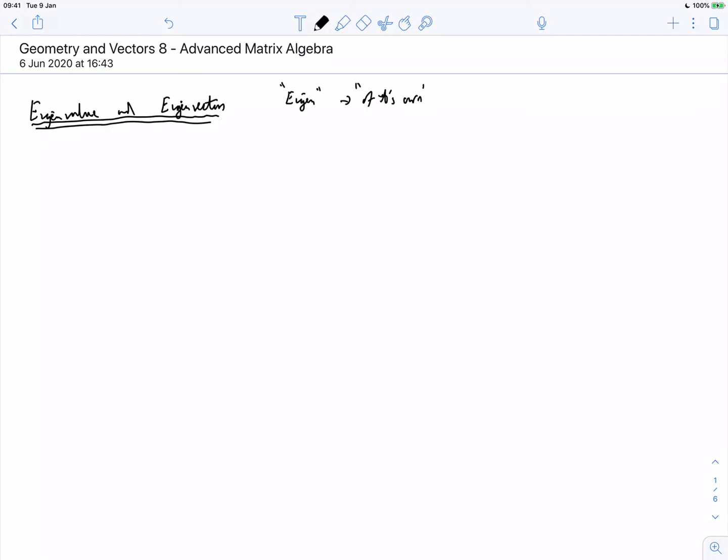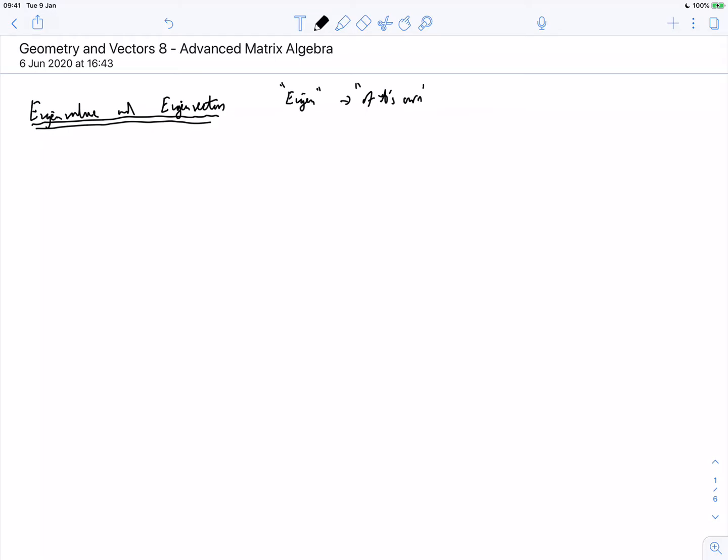Well, suppose, and by the way, if you want some really beautiful animations, then I suggest you go to 3Blue1Brown's Essence of Algebra course when they talk about eigenvectors and eigenvalues.